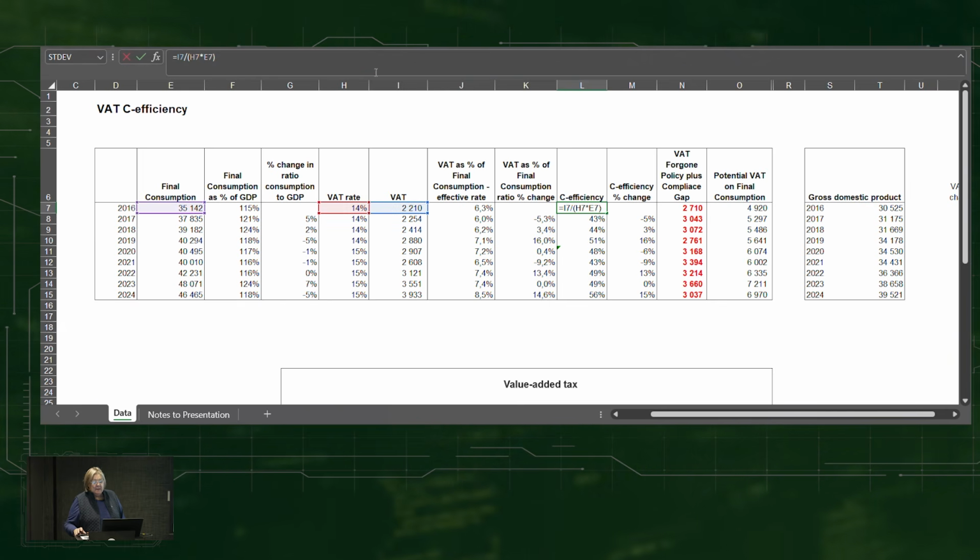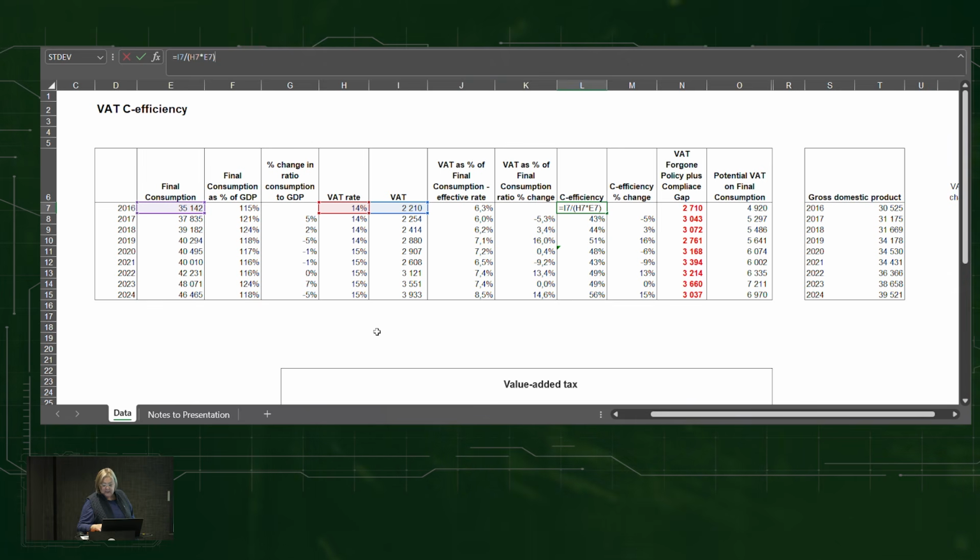Like I said in the example I showed you, you calculate your C efficiency factor as the VAT that you collected divided by your final consumption times your VAT rate.